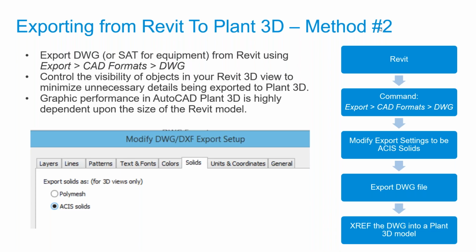Here we have a setting where you can choose solids versus polymesh. I would assume the solids are more performant, so that's a clear plus. And of course, after you have exported DWG files from Revit, you can XREF them into Plant 3D.